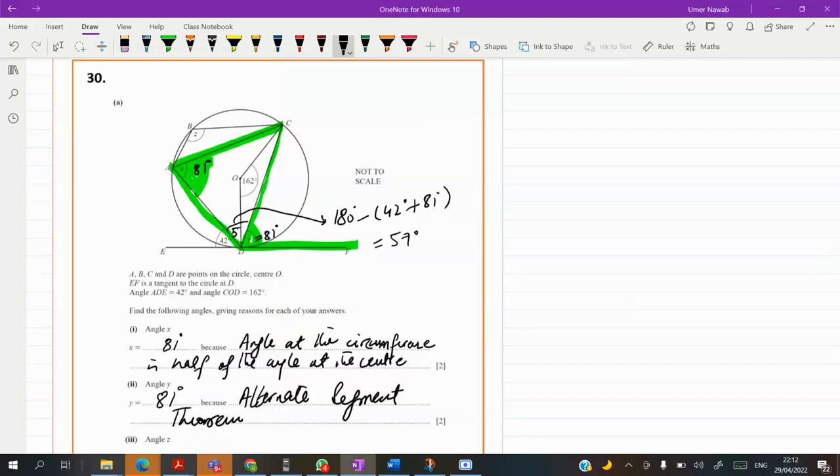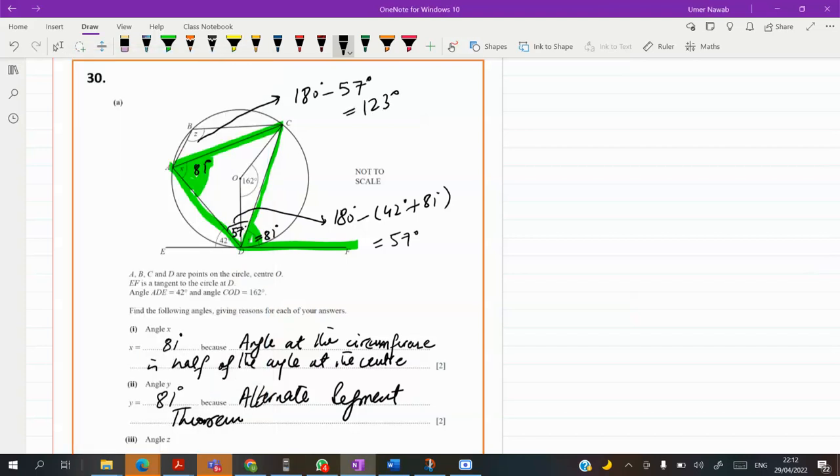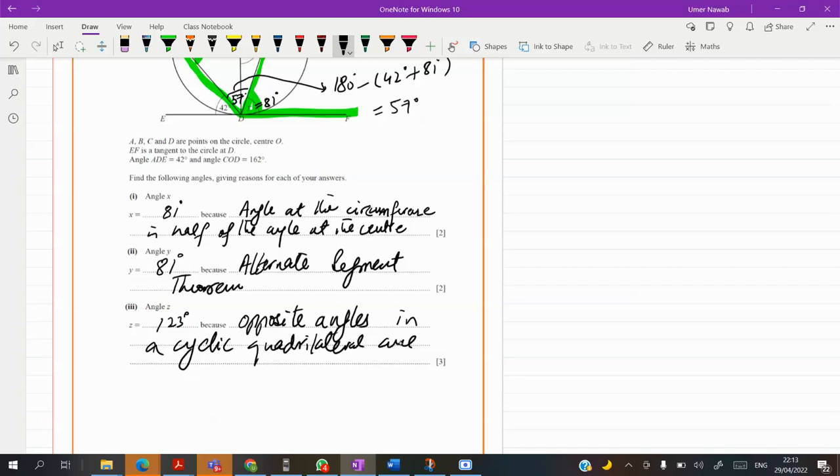If this is 57, then use the cyclic quadrilateral property. 180 minus 57 gives you 123. Opposite angles in a cyclic quadrilateral are supplementary.